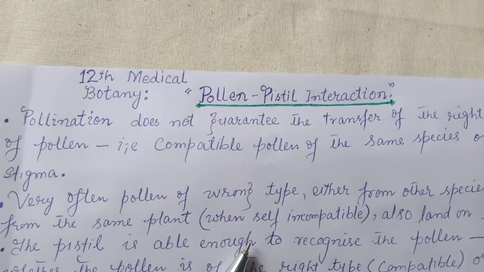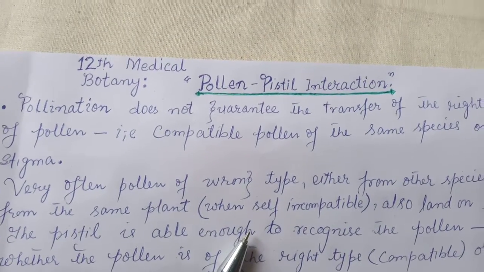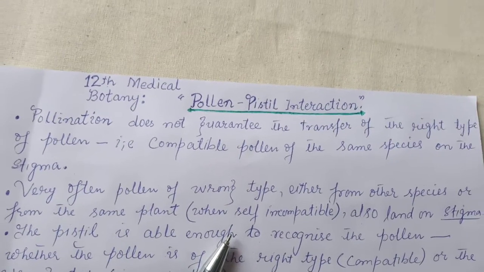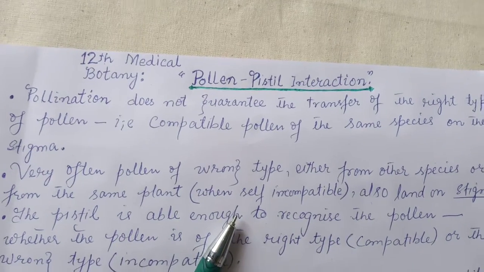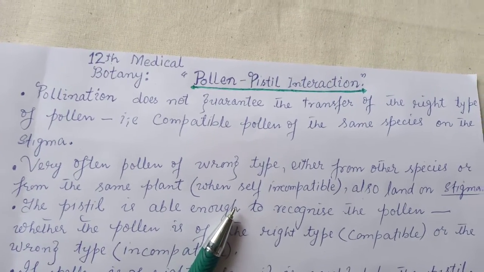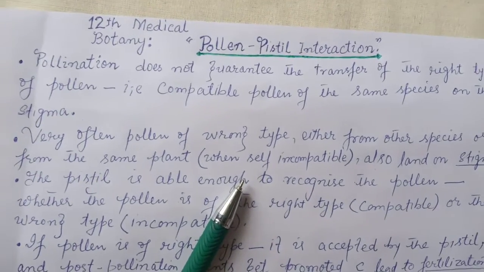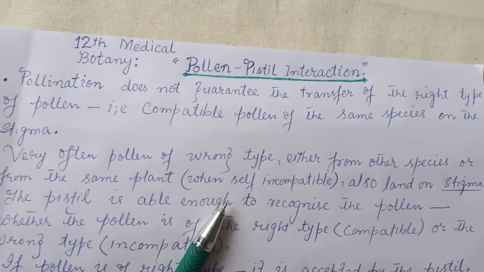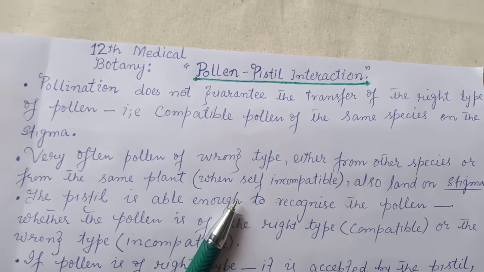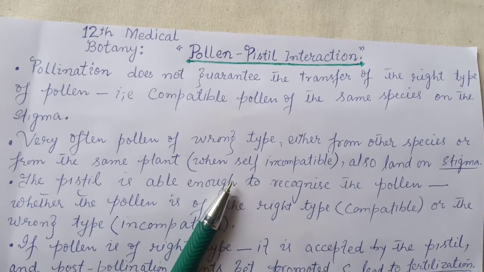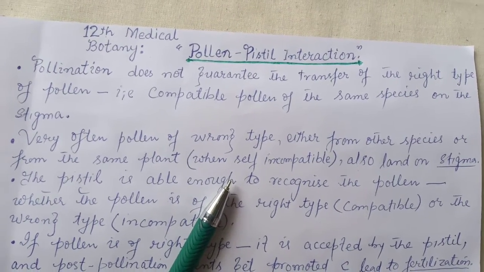Now, very often, pollen of the wrong type, either from other species or from the same plant when self-incompatible, also lands on the stigma. You know that pollinations are of different types, that is, self-pollination, geitonogamy, or cross-pollination.